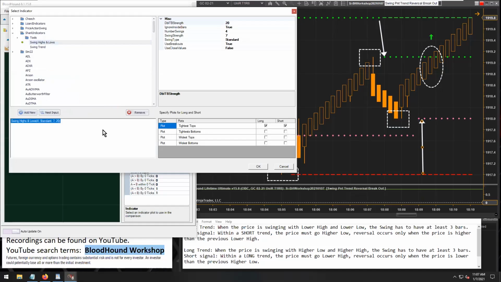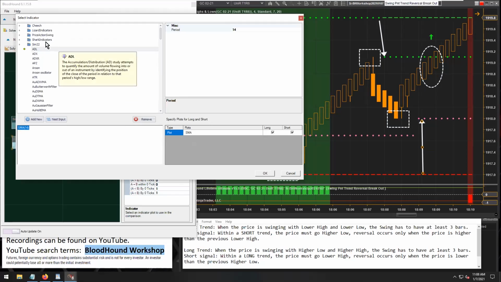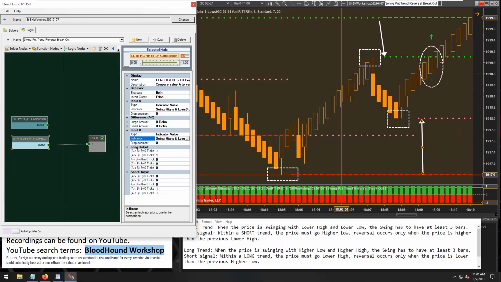So there we go, plug that in. This time for a long, we want the tightest bottom to be above the widest bottoms. So input A is going to be the tightest bottoms and the tightest tops. And then input B will be the widest plots down here. Right, so input B are the widest plots, and input A is the tightest.